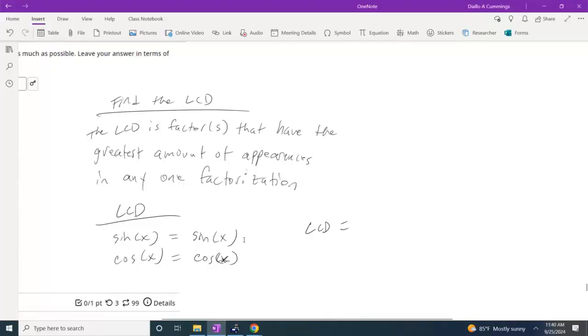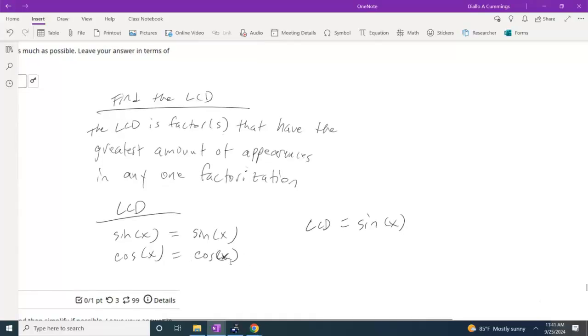In my second denominator, it doesn't appear at all. The greatest amount of times that sine appears in any one of these factorizations is once, so I'm going to include it in my least common denominator only once.